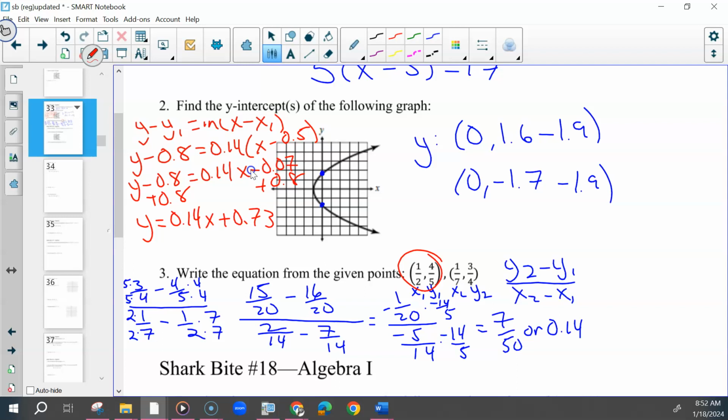If this were in fractions, it would be y equals 7/50ths x plus 73/100.